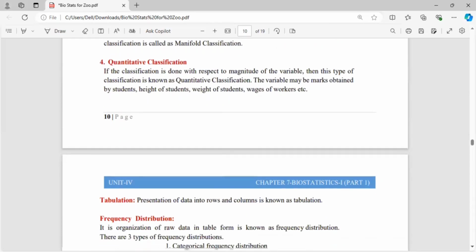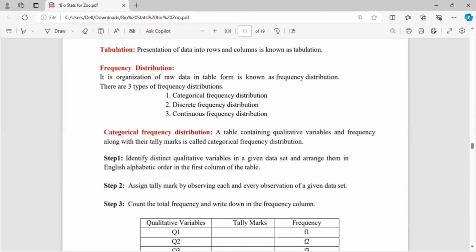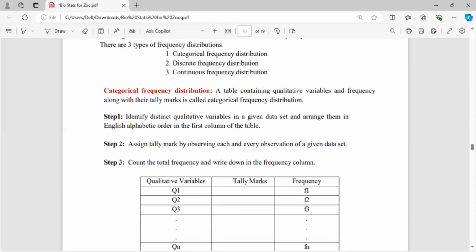Then we discussed tabulation. Tabulation is nothing but presentation of data in the form of rows and columns. Then one of the greatest tools for representing the data in the form of a table is frequency distribution. In frequency distribution, we discussed categorical frequency distribution.